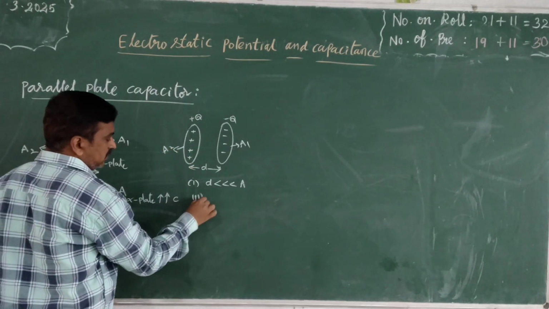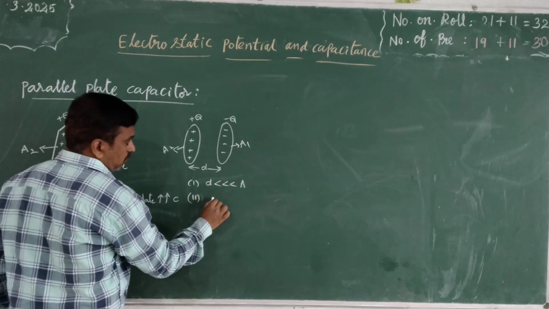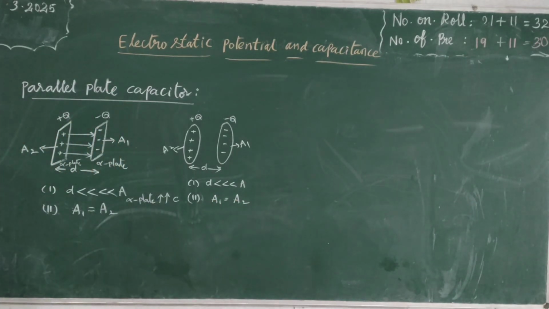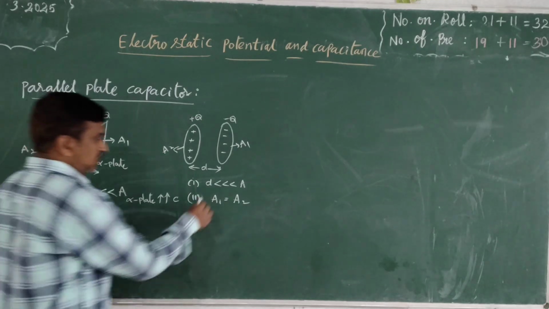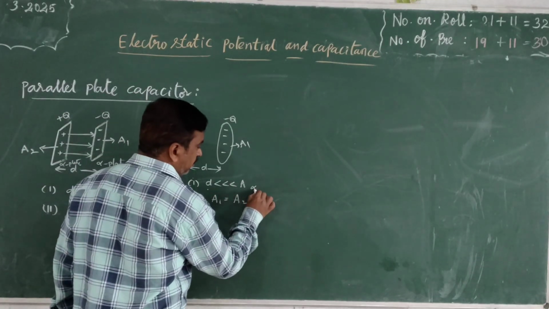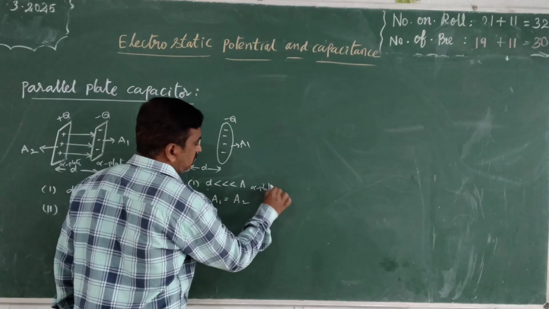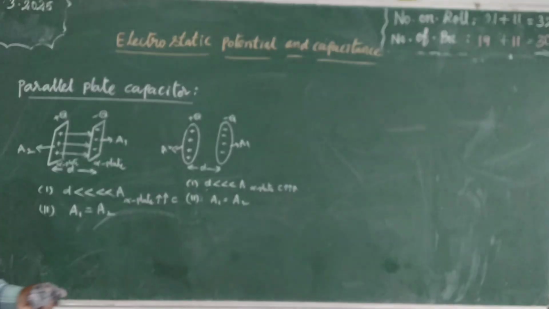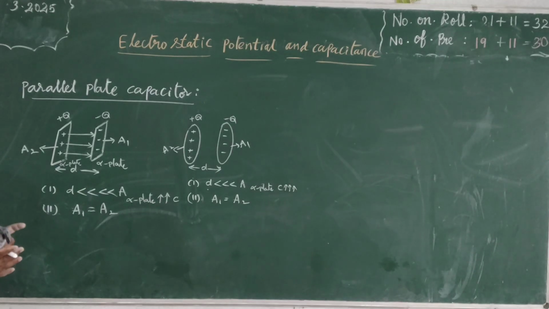One more condition is that A1 equals A2, the area of the first plate equals the area of the second plate. When d is very small, it behaves as an infinite plate and the capacitance automatically increases. To increase capacitance, the distance between the plates is reduced. The smaller the distance, the more the capacitance increases.